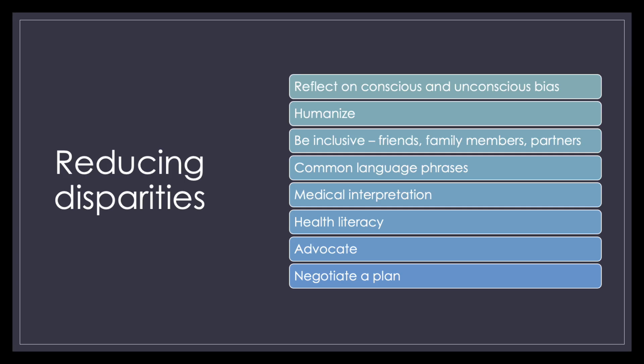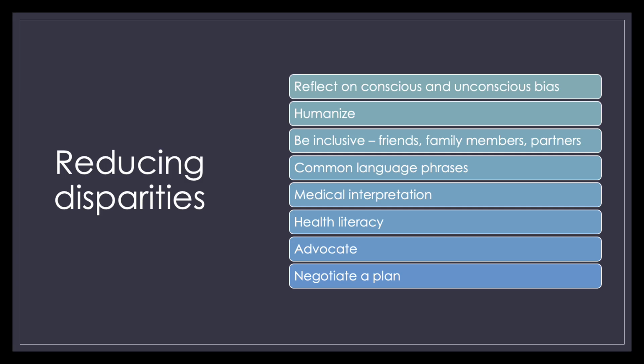So it's really important that we are aware of our own biases so we can keep them outside of our patient encounters. It's also important to humanize everybody. And remember, we're not talking about a disease process. We're not talking about a trait or a characteristic. Our patient encounters truly are humans. So we need to make sure to always humanize them and keep that in the forefront.